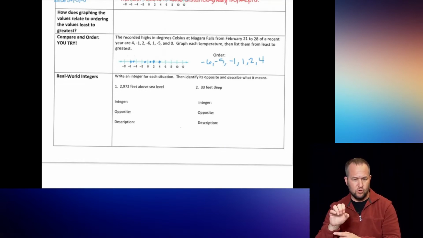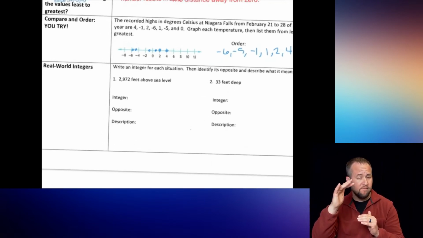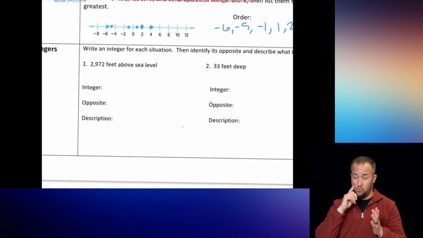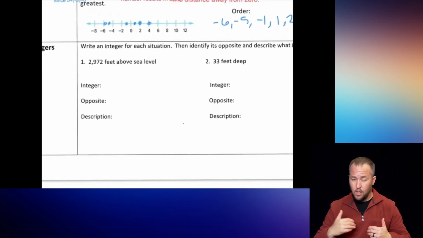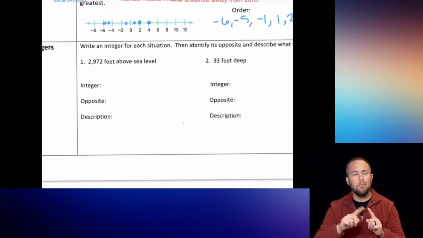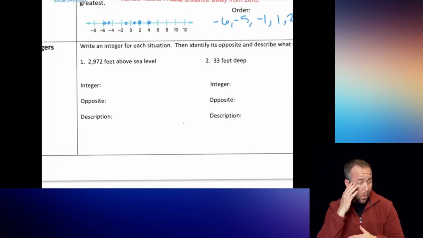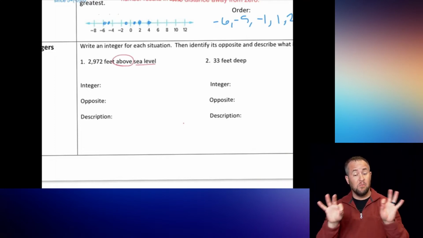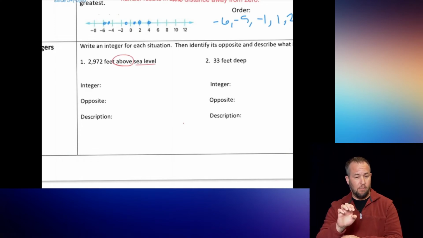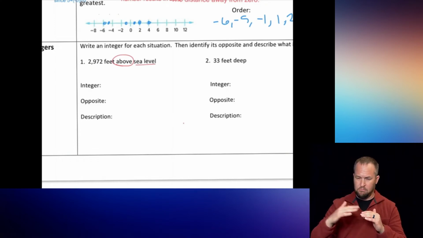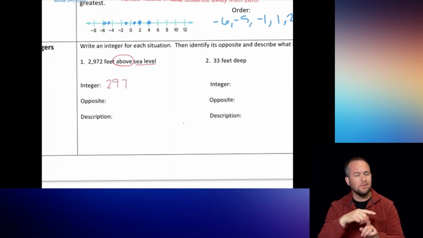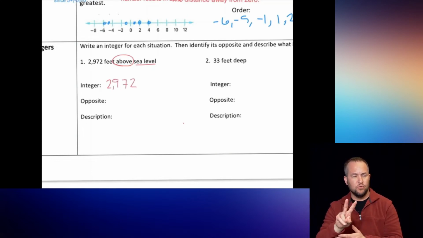So number 1 says we're 2,972 feet above sea level. One thing that we want to recognize is that not all the time are we going to have the numbers written, but we're going to have words that lead us to that. Here our key word is above sea level. That tells me, since I'm above, I'm high, I'm going to be at a positive 2,972 feet.